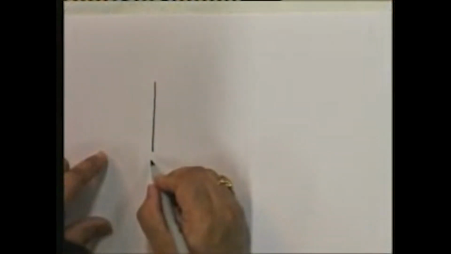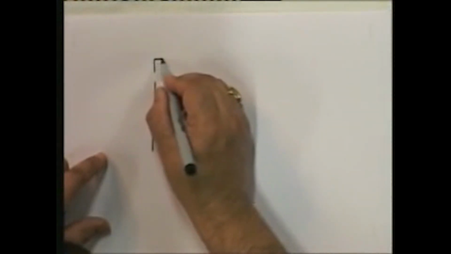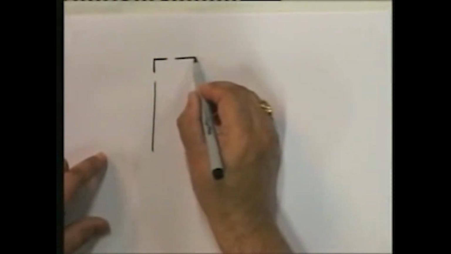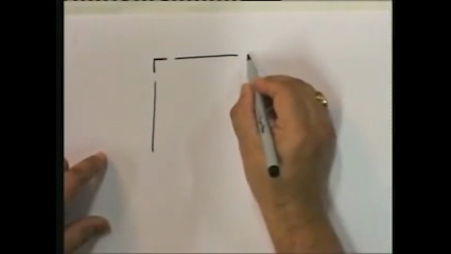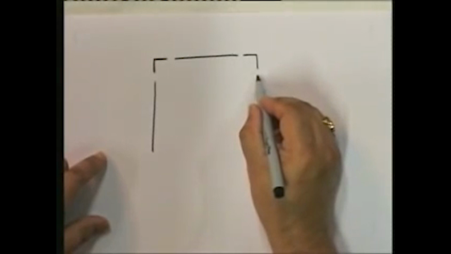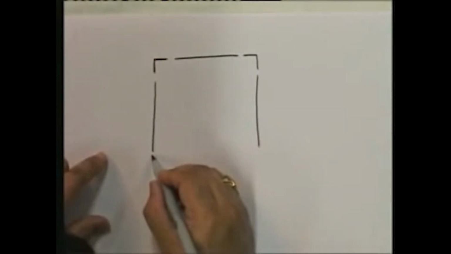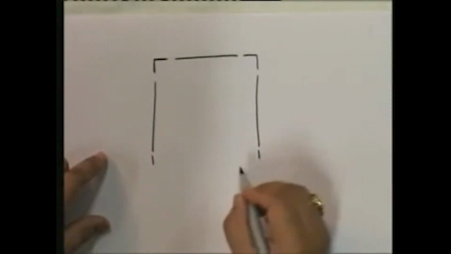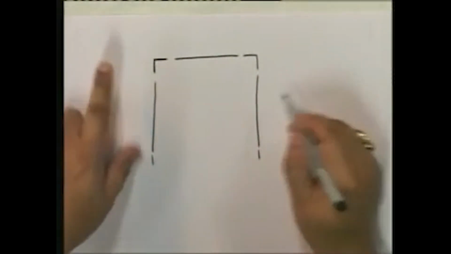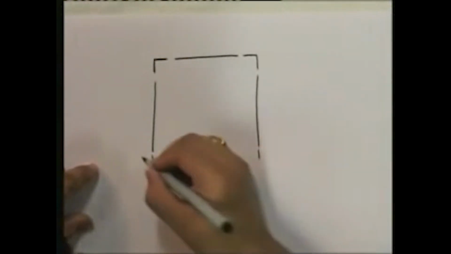And again, I'm going to separate it out so that you can understand what I am trying to say. So I'm separating out all the members from the joints and representing them separately.